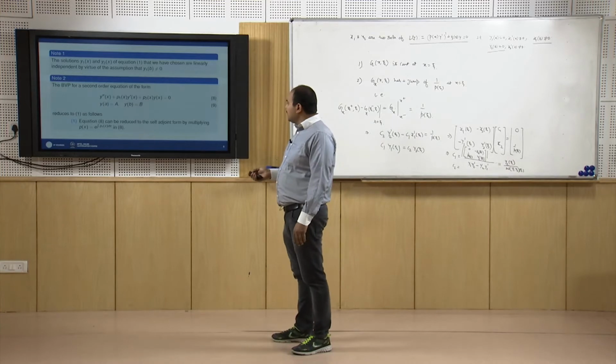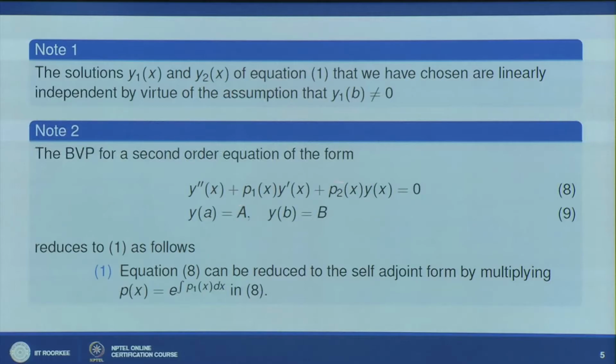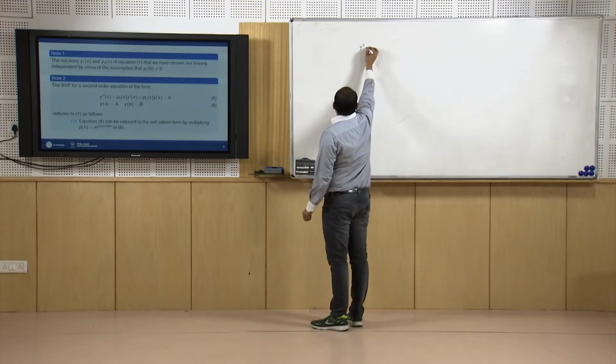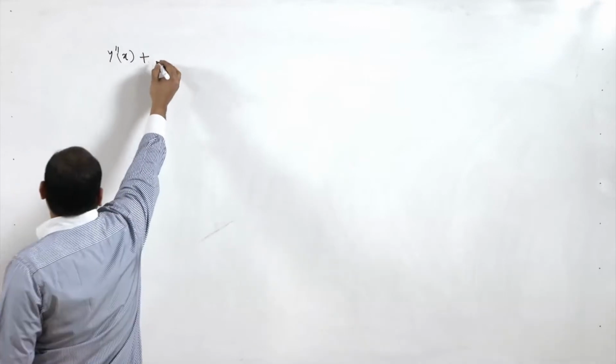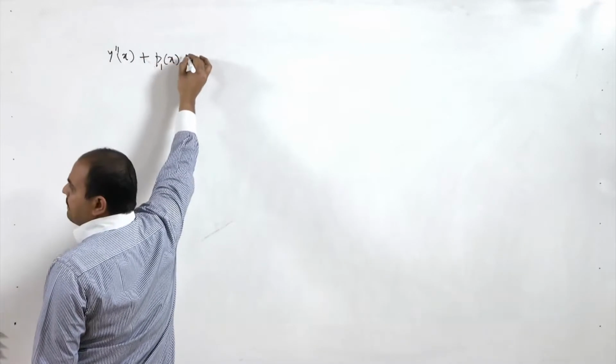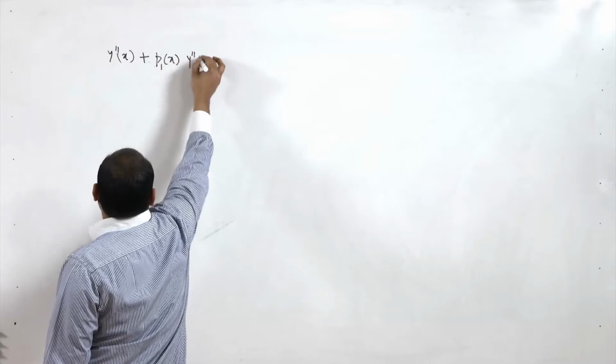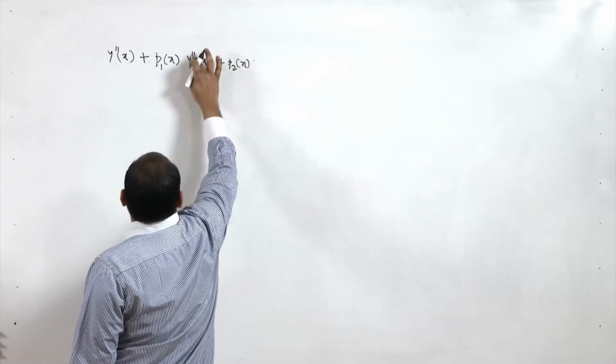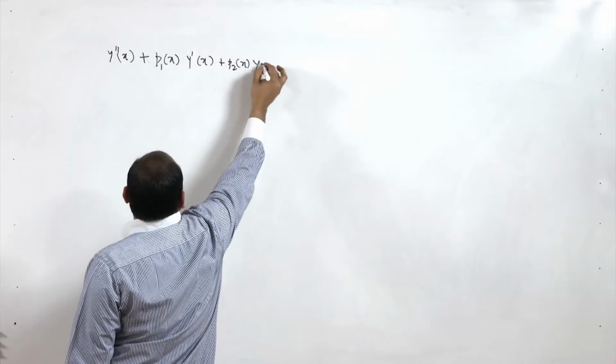So the first thing is that this equation can be converted into self adjoint form by multiplying by an integrating factor. Look at y''(x) + p1(x) y'(x) + p2(x) y = 0.